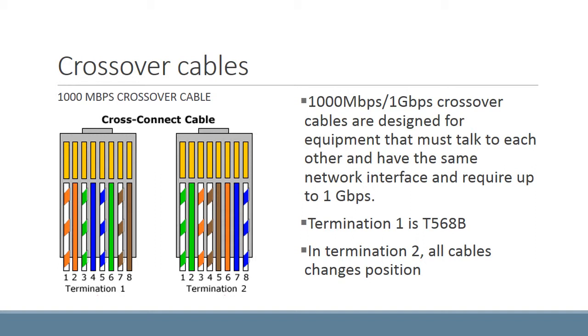For connections of 1000 megabits per second, one side of the cable must be terminated T568B on one side and must change as shown in the diagram.